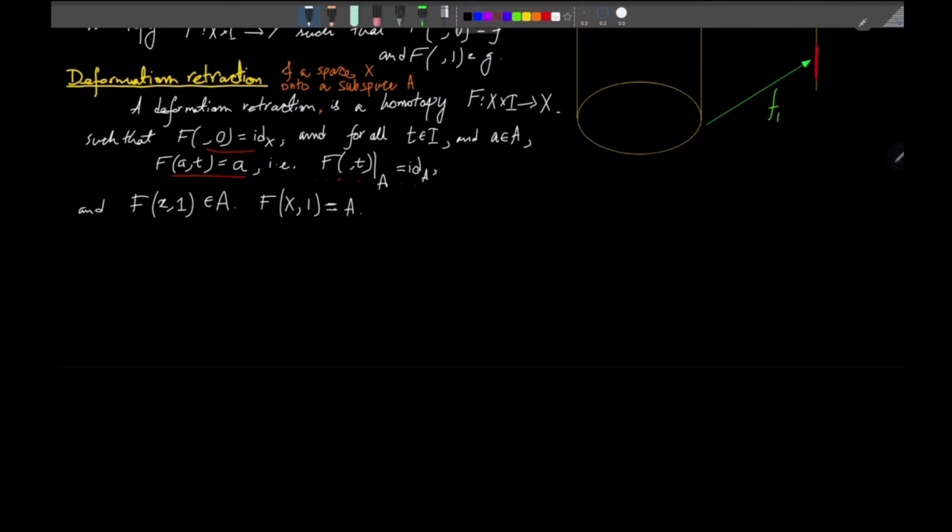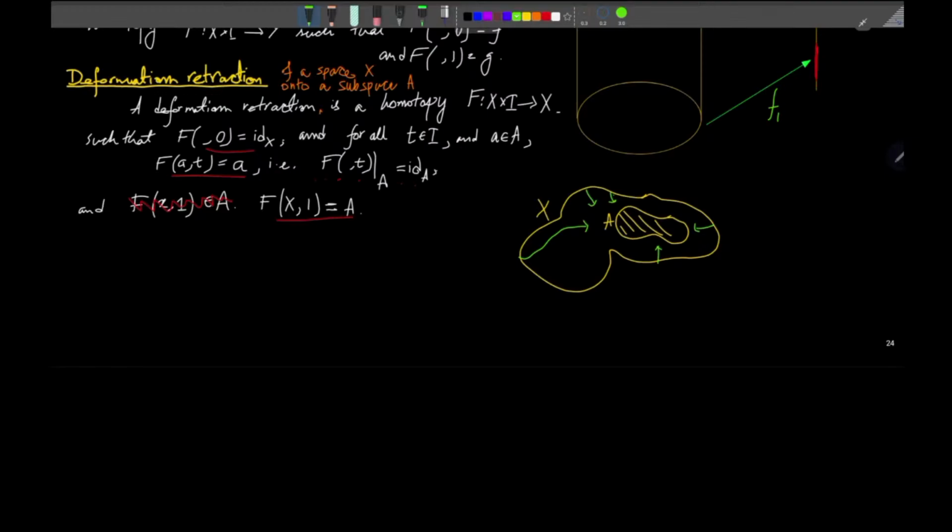So this is a tighter condition than that. The previous one is not entirely accurate. The image of the final map is contained in the subspace. So what is really happening here is, we are choosing a space, and inside it we fix a subspace like this and call that A. This space is, let's say, X, and the deformation retraction is basically collapsing this space X onto that subspace A, collapsing it from all directions.